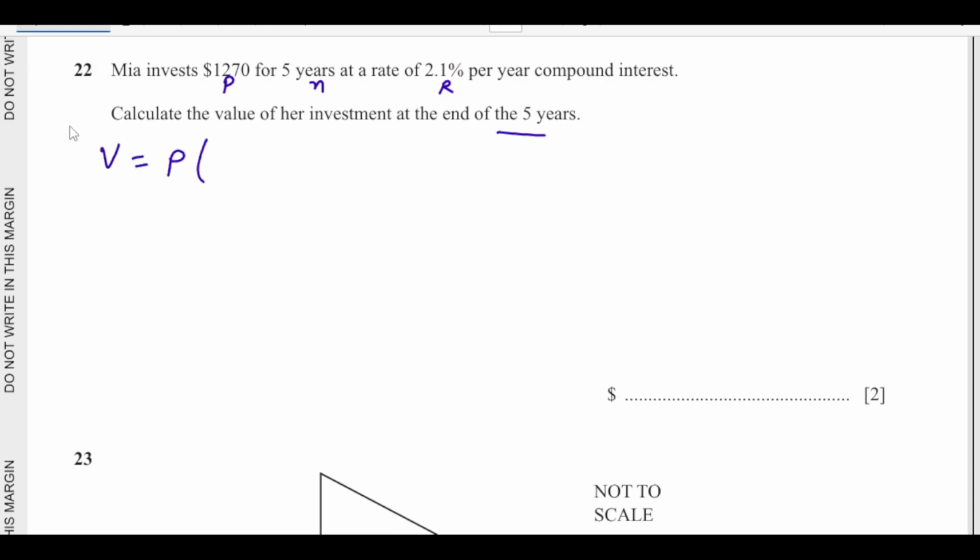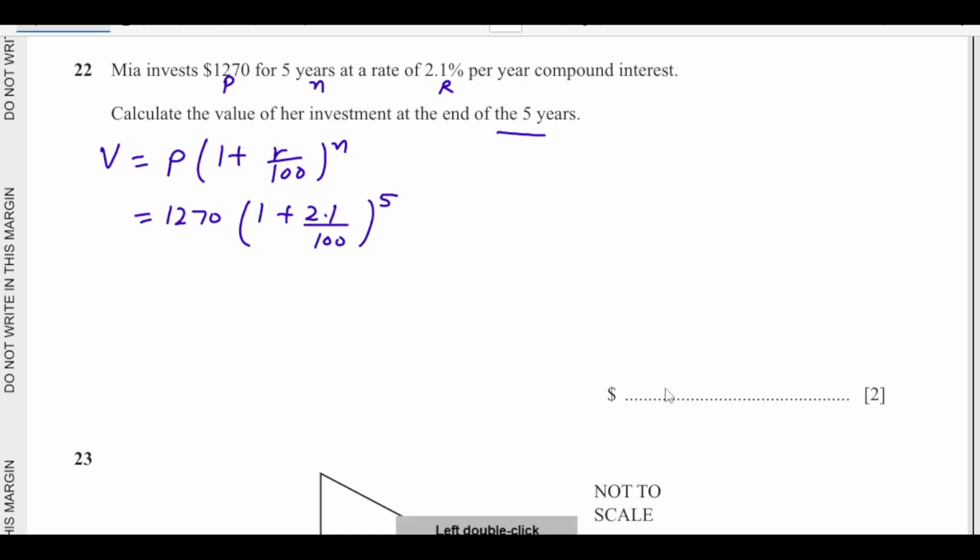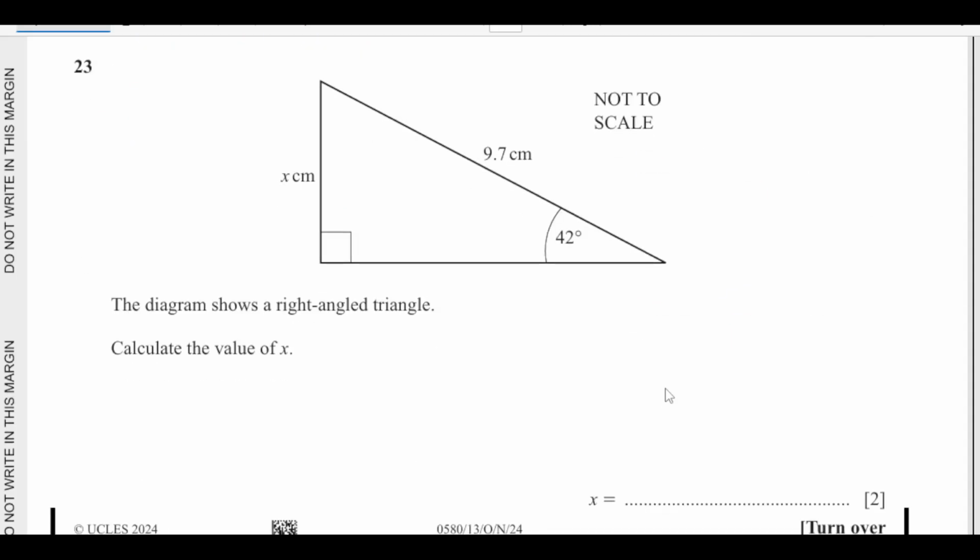The formula is P times 1 plus R over 100 to the power n. P is 1,270, R is 2.1, so 1 plus 2.1 over 100 to the power 5. Directly substitute all these in your calculator. You're going to get $1409.07.